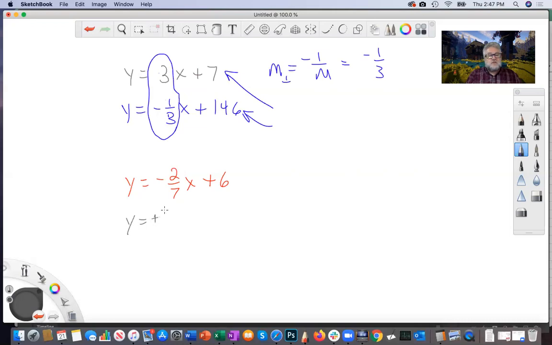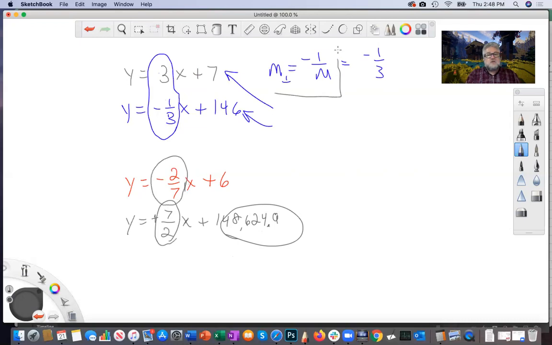This is going to be 7/2x plus 148,624.9. Any number here. We don't care what this number is. This is what determines that they are perpendicular lines, is the negative reciprocal of the other one.